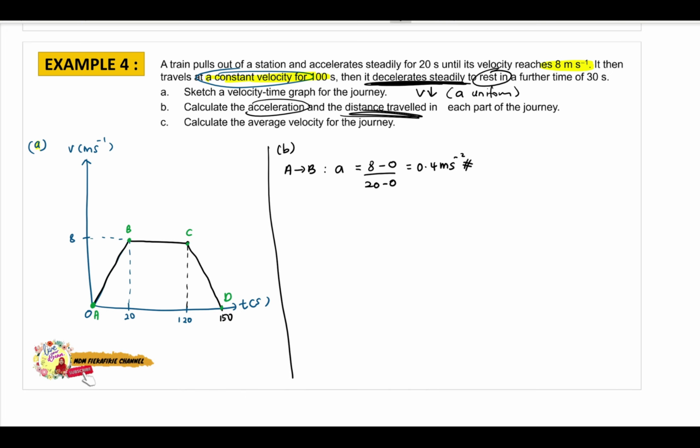Okay, and then for the distance travelled, you can calculate the area under the graph, the area under the VT graph.